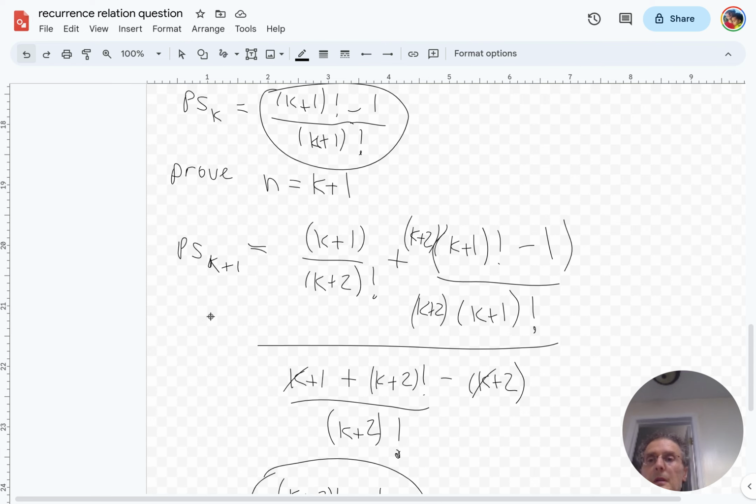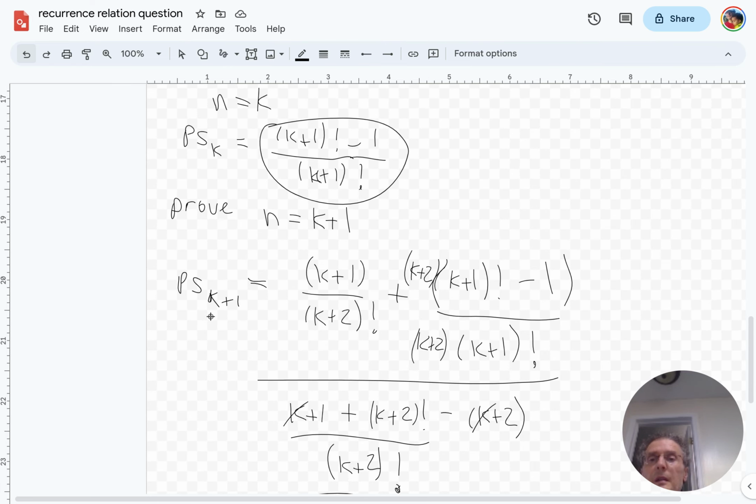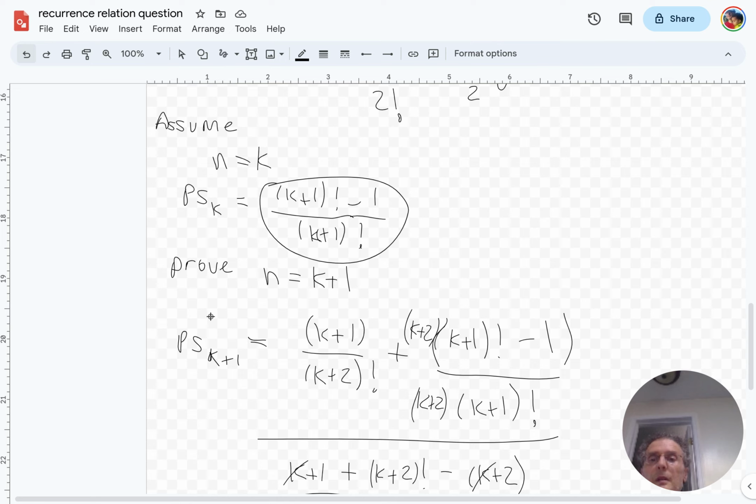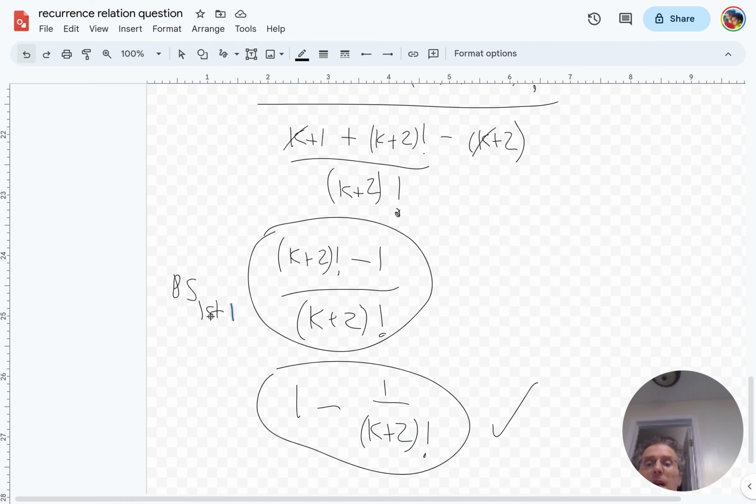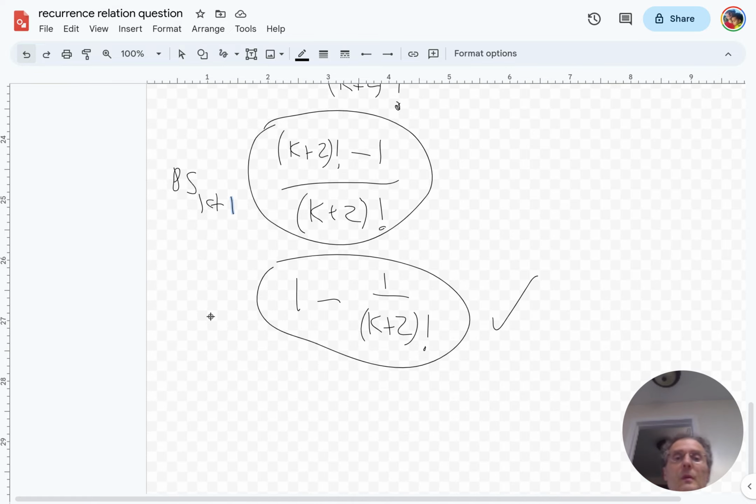So look at this, P(S_k), that was the assumption, and so obviously P(S_k plus 1) must be k plus 2 factorial minus 1, because the minus 1 doesn't depend on k, and then k plus 2, because it's k plus 1 plus 1, factorial. And that's exactly what we have here. So this is good. So that is proven by induction, right?